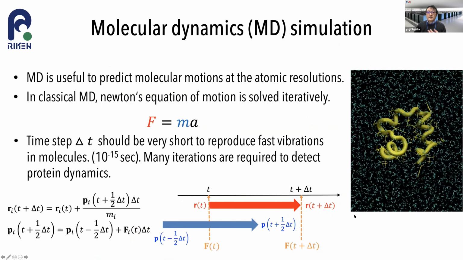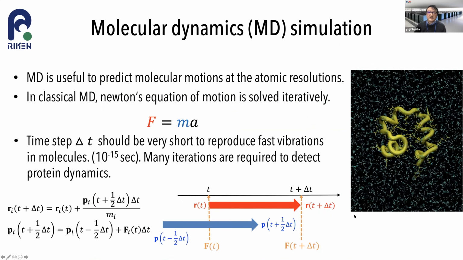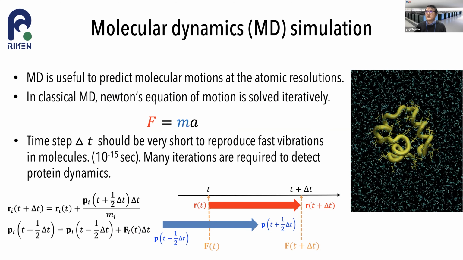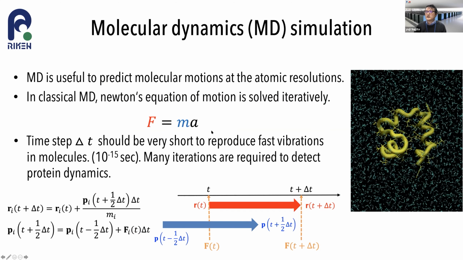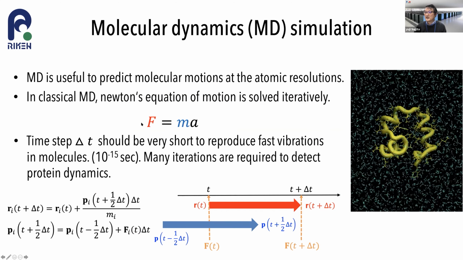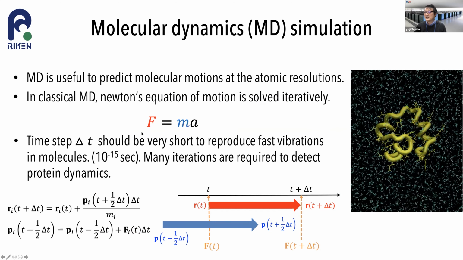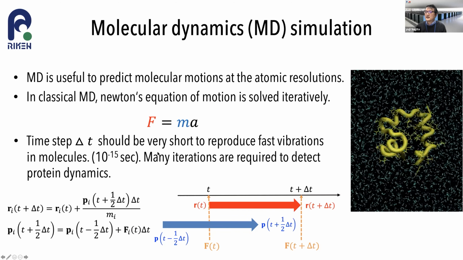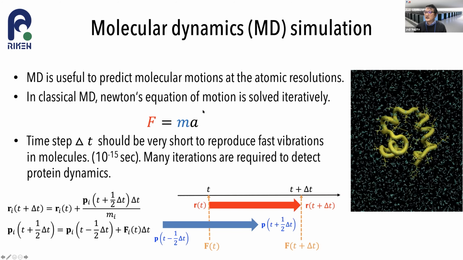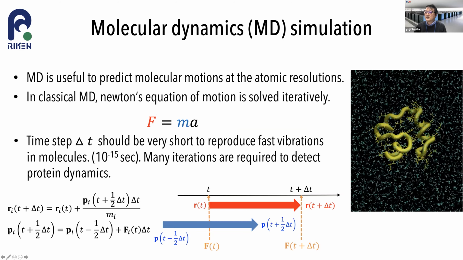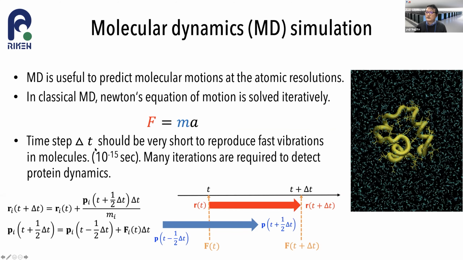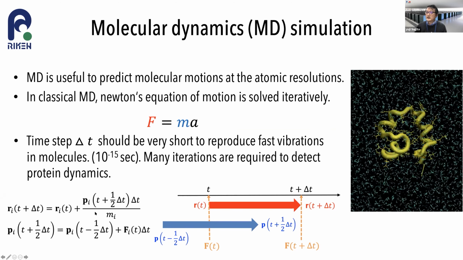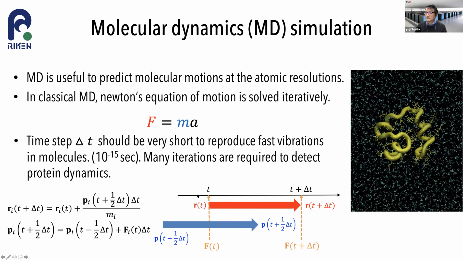But the theoretical computational approach is quite simple. We are just solving the classical Newtonian equation of motion. You probably learned this very simple equation in high school, in Germany, and in Japan as well. But in a simulation, we don't use this equation directly. Instead, we use a very small time step, integrate, and do the iteration many times to simulate slow motion.